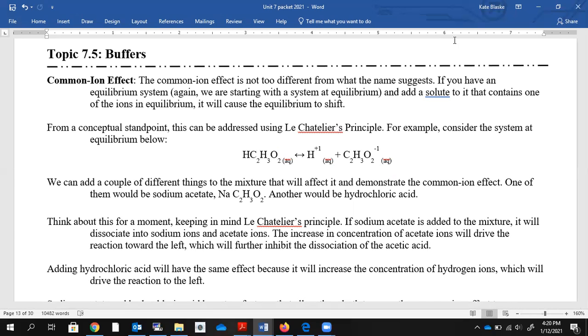What else? Different companies put buffers into cleaning products, especially cleaning products that are going to come in contact with your skin.